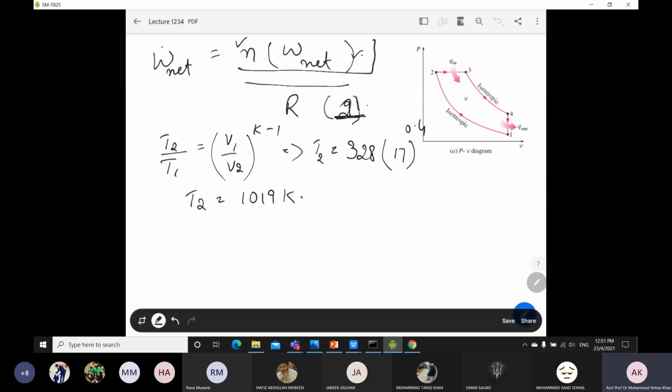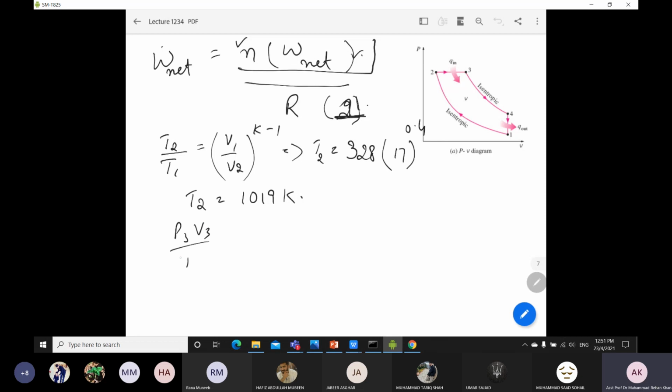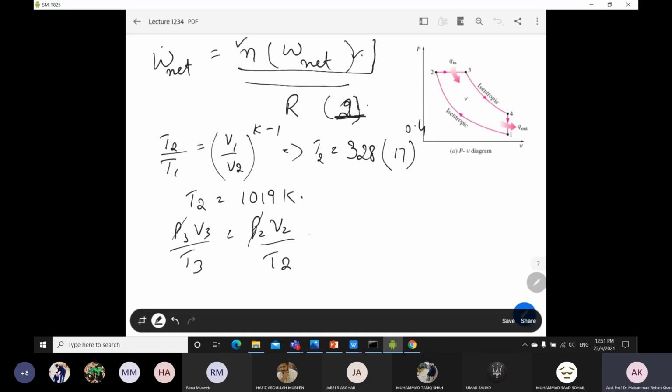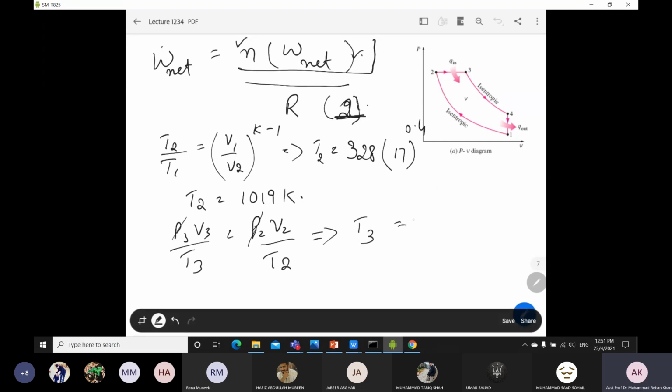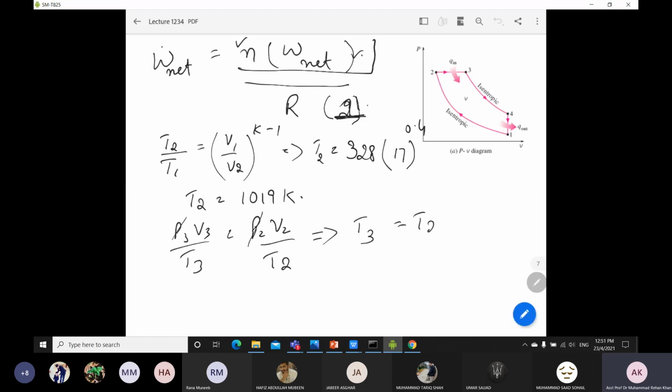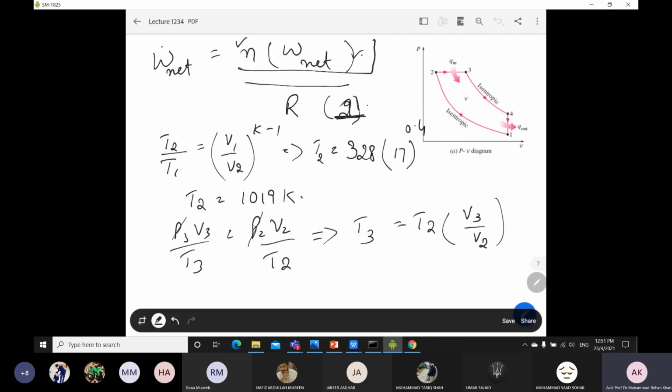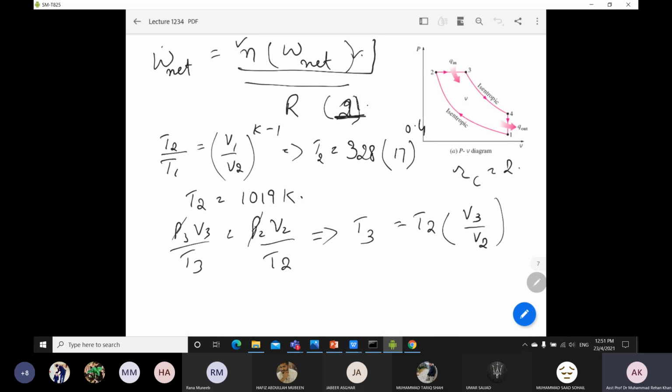Okay, so now we have to find the T3 as well. In order to find the T3, we have to apply some relation between point number 3 and 2. So P3 V3 over T3 is equal to P2 V2 over T2, and you can just eliminate P2 and P3 because it is a constant pressure heat addition process, and from here you can easily find the temperature at point number 3, which is equal to T2 times V3 over V2, and V3 over V2 is the RC value, which is also given in your question, which is 2.2.